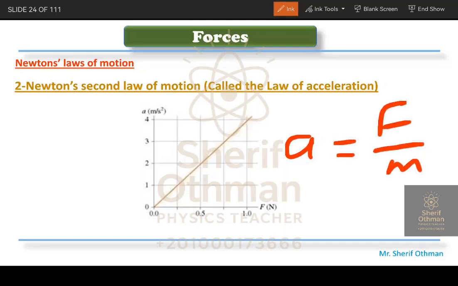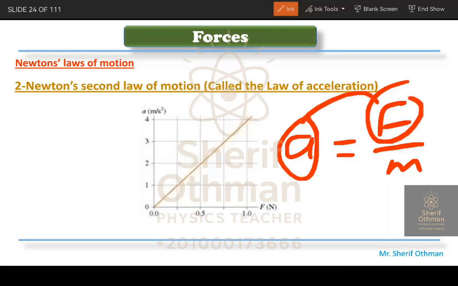If the two physical terms are similar to each other and there is an equal sign between them, that means they are directly proportional. a is numerator, while F is numerator. So they are similar, and an equal sign exists between them, so they are directly proportional. While a is numerator and m is denominator, so they are inversely proportional.